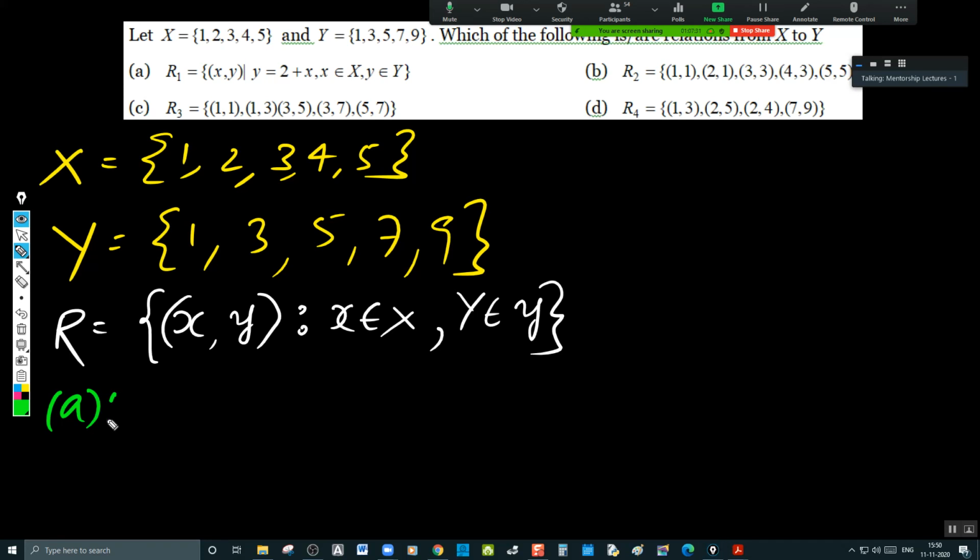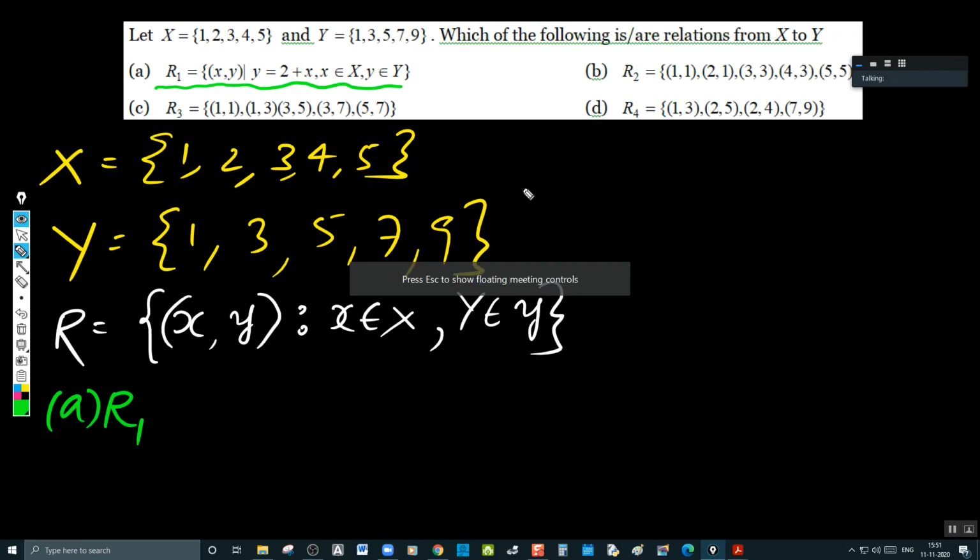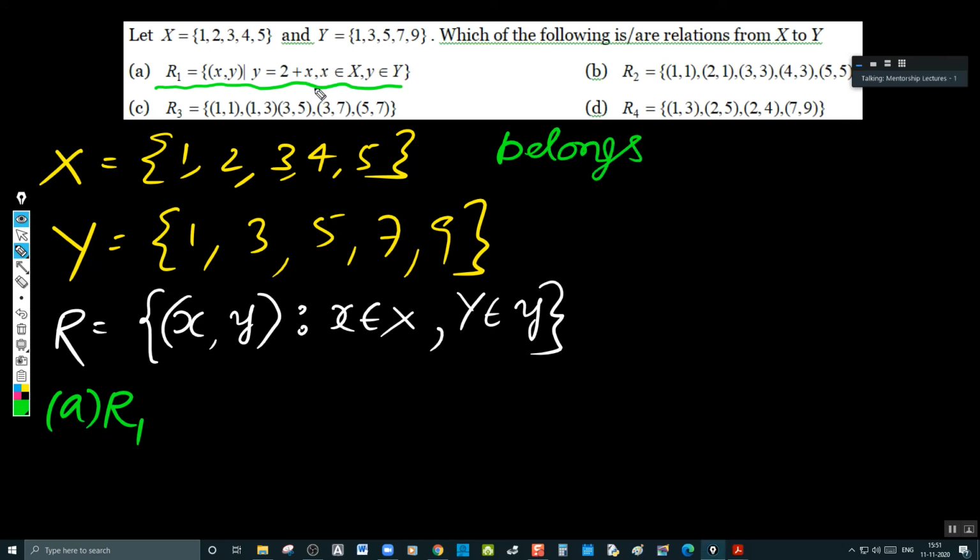Arre, you all look there, they have told R1, see what else is given. Yes sir. Anil Naik, are you there? Yes sir. Read R1, beta, once. R1 is equal to the set of x comma y such that y is equal to 2 plus x, and x belongs to X and y belongs to Y. That's good, beta. Now what will you tell me? I'm now writing this in a different form, the roster form.